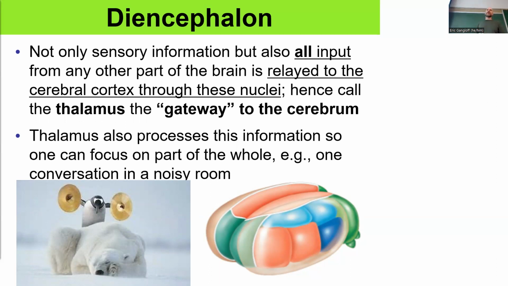They basically decide what information is important and gets sent to your centers of conscious thought, and what information you can completely ignore. That's what allows you to focus on certain things. If you're in a noisy environment, it allows you to tune out certain things and focus on other things. It also allows you to ignore the vast majority of information that your body is receiving in a given moment.